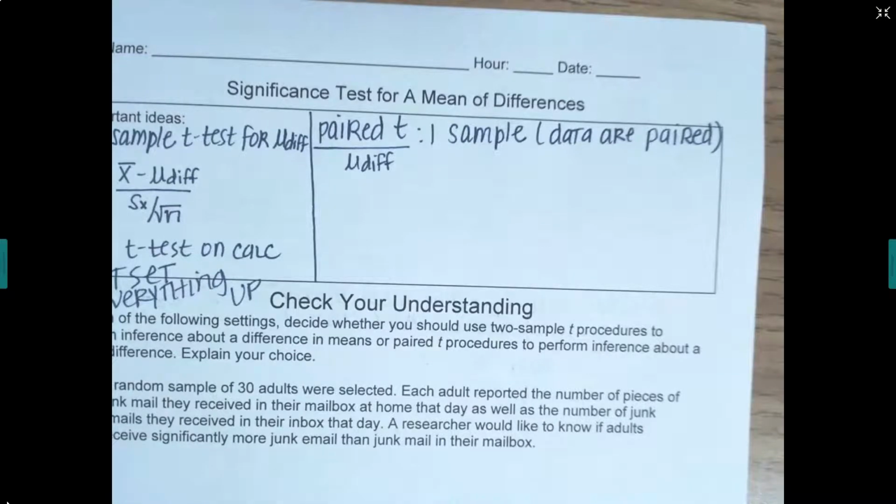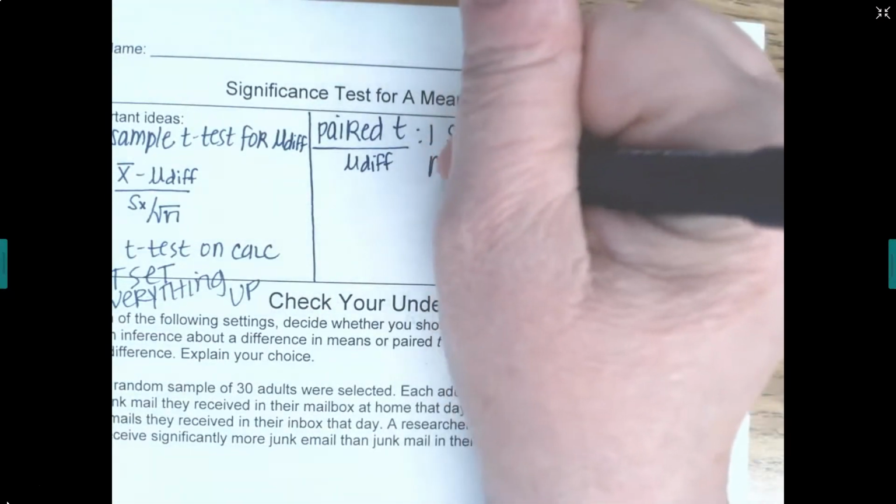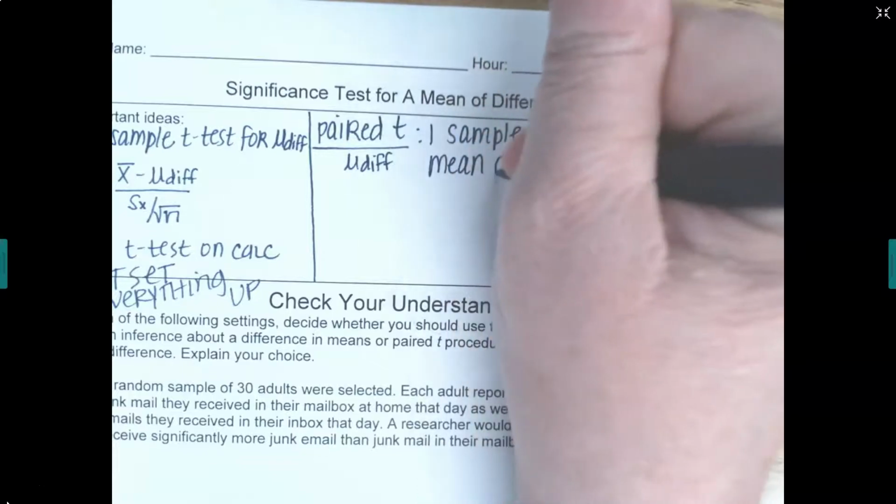Usually you'll see it like this memory training, where we had the people and they did this and then they did this and we checked the difference between them. You just have one sample of something and two different things are being done to it. You're looking at the mean difference.